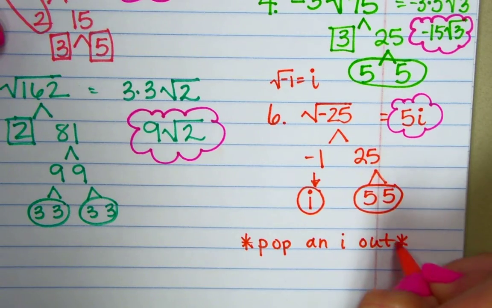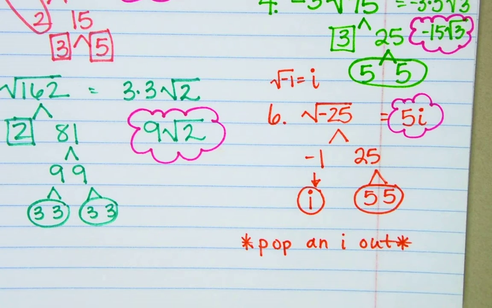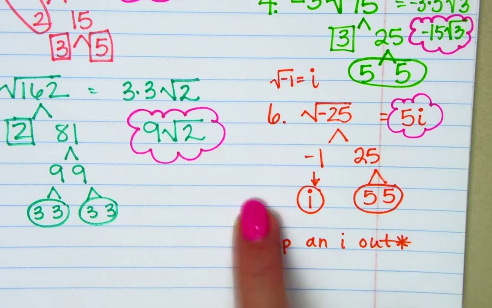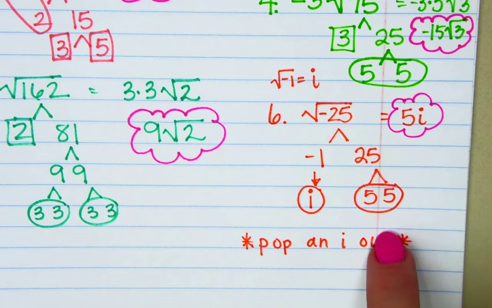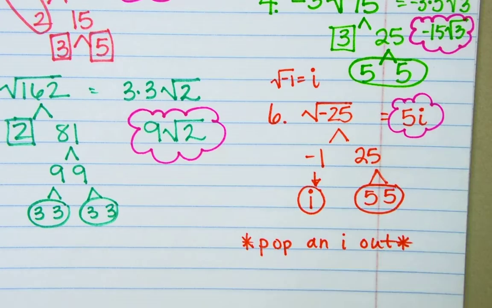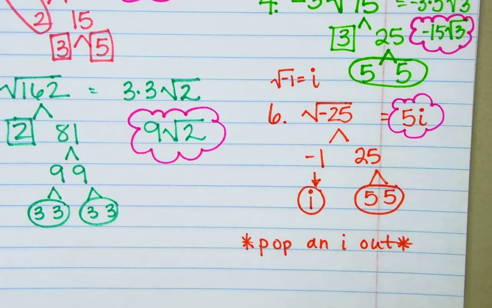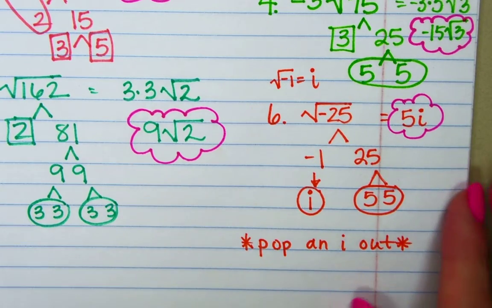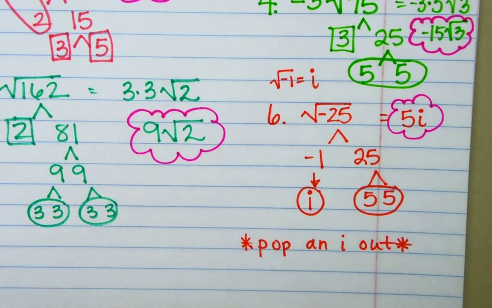I think they're trying to make it memorable, because it's gross to think of popping an eye out. But you pop the I out and keep going. Solve it as if it was positive. It's just that an I is going to be part of the problem, because it's imaginary. Anytime it's a square root of a negative, you need to know it's imaginary. All right, we're going to do 2 more of these and then a couple of solving.